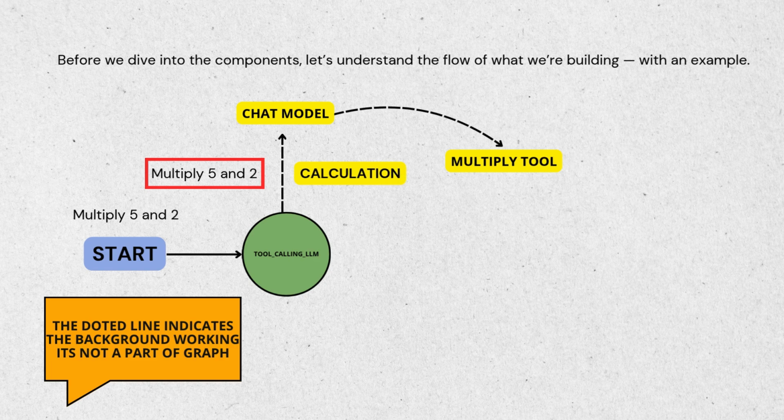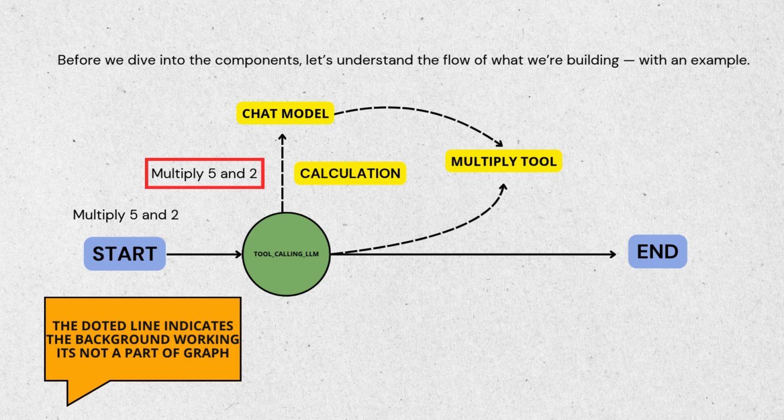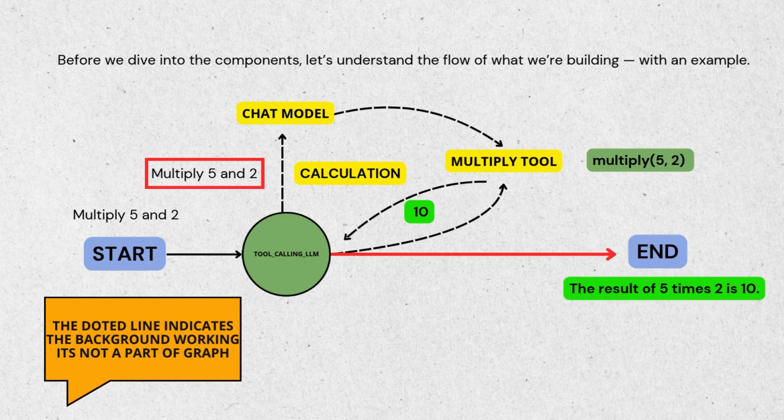So instead of replying directly, it decides to call the multiply tool. Then the multiply 5, 2 function is called and it will return 10. And finally, the model takes this tool output and replies, that is, the result of 5 times 2 is 10.